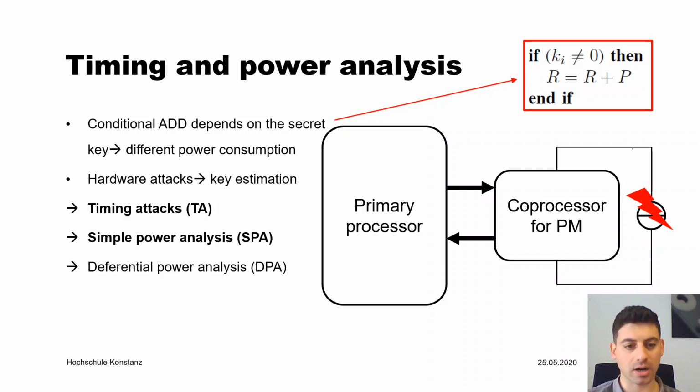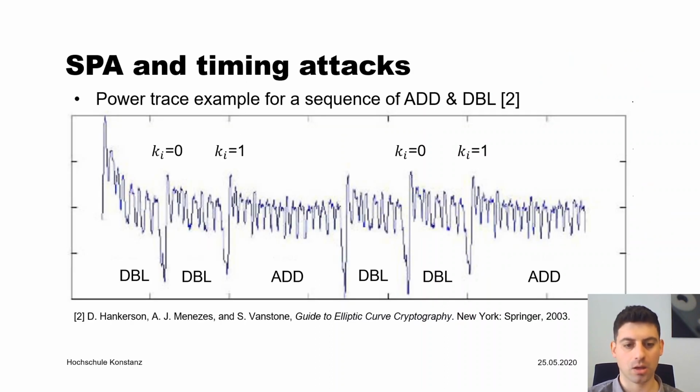There exist several hardware attacks in the literature. As mentioned before, we have timing attacks, simple power analysis, and differential power analysis. But we focus first on the first two. We have here an example for the power consumption of the coprocessor over time. As we see, 2 double operations are calculated successively here.